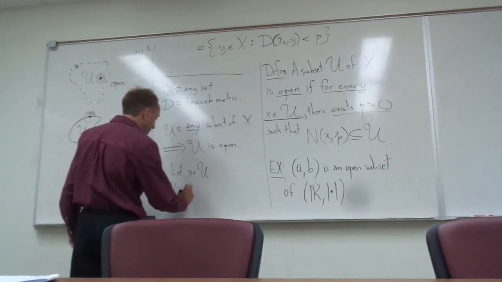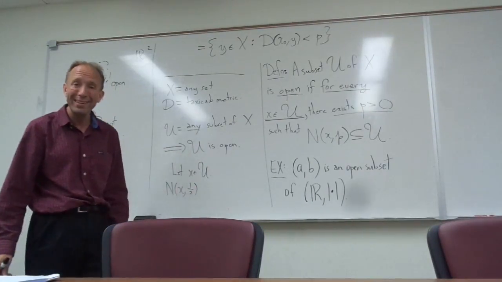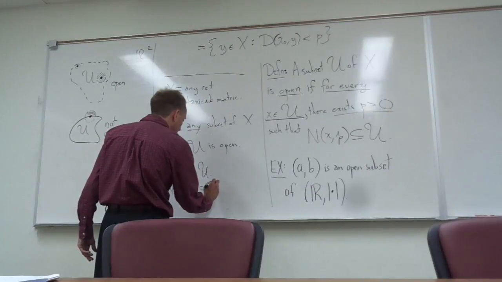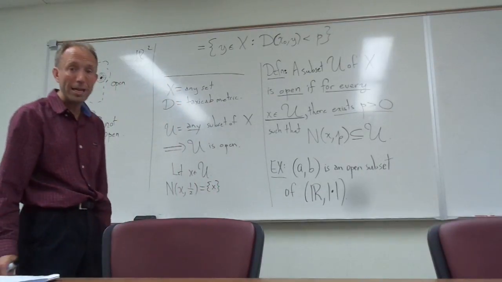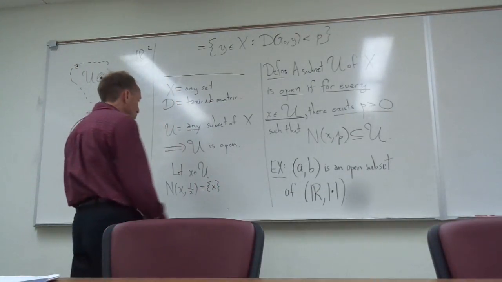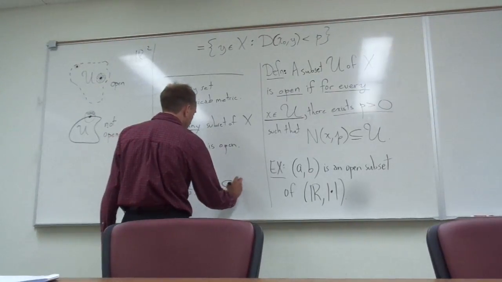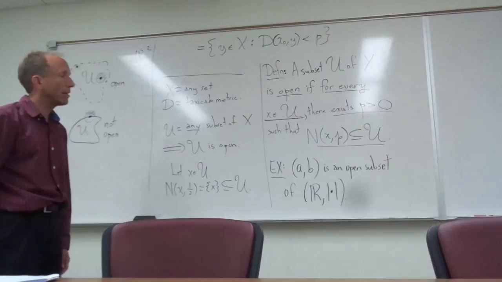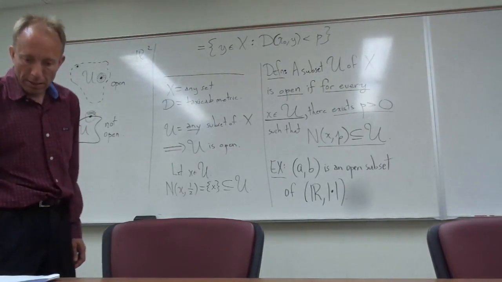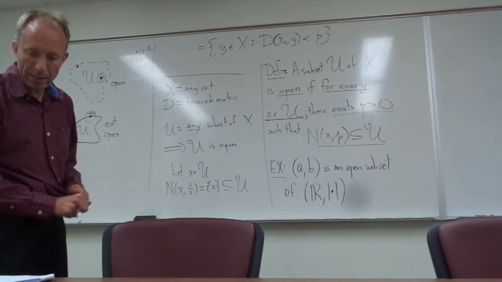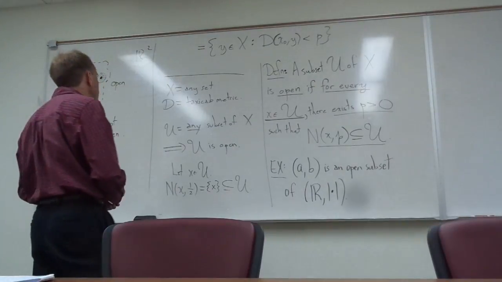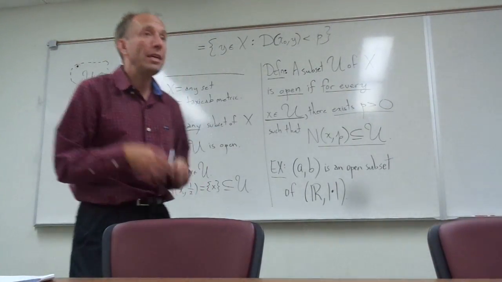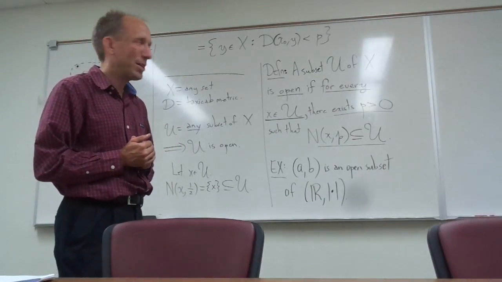And if you choose a radius that's, say, less than 1, then this neighborhood, as we talked about earlier, is just the singleton point x. It's just x by itself. And that surely is contained inside of U, which is the requirement that we have right here. So that's actually a pretty easy thing to see. So every subset of a metric space is open if you use the taxicab metric.